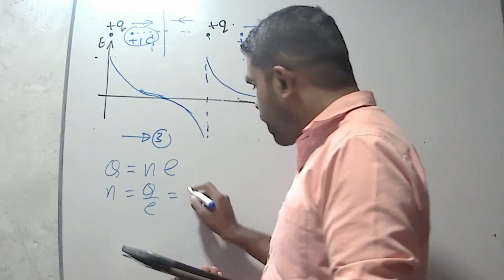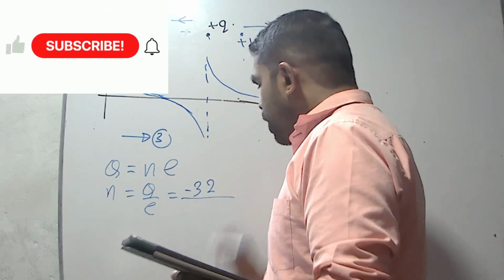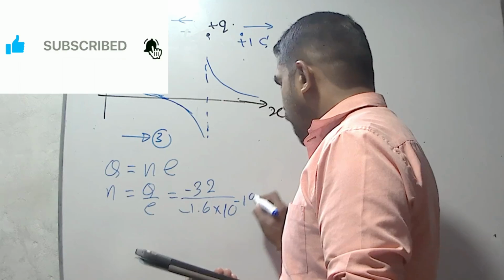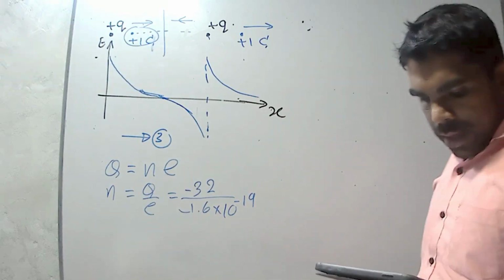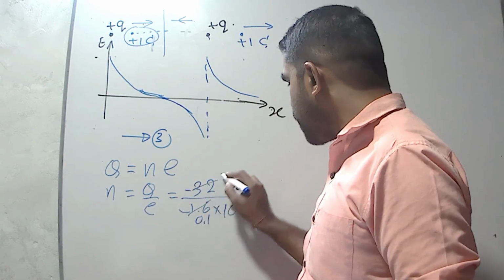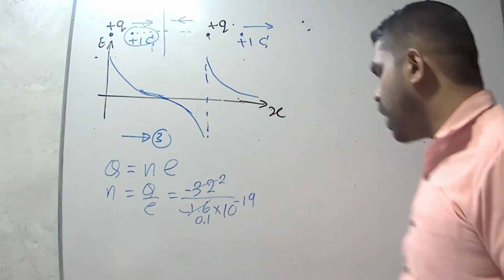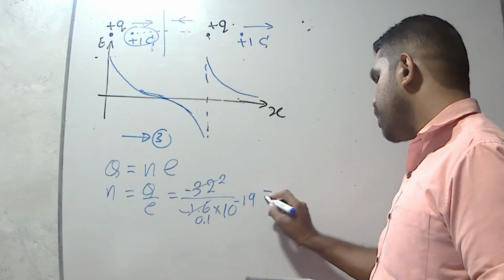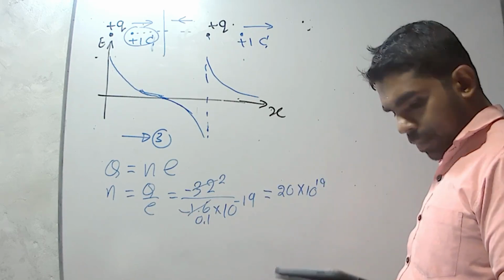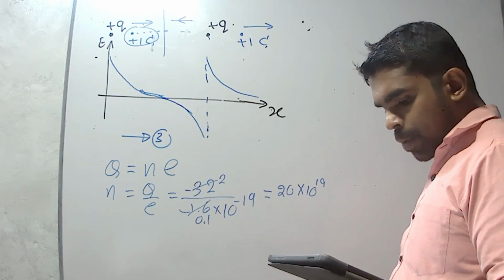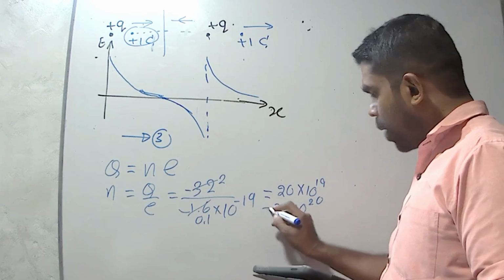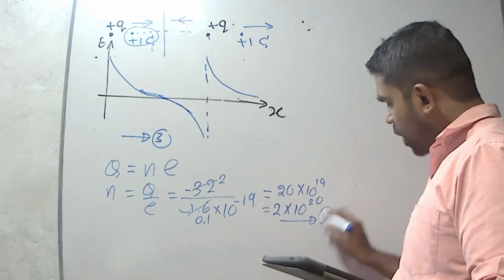Charge of the object minus 32 divided by minus 1.6 into 10 to the power minus 19. 32 divided by 1.6 is 20, so 20 multiplied by 10 to the power 19. It means 2 multiplied by 10 to the power 20. We can obtain this one as the correct answer.